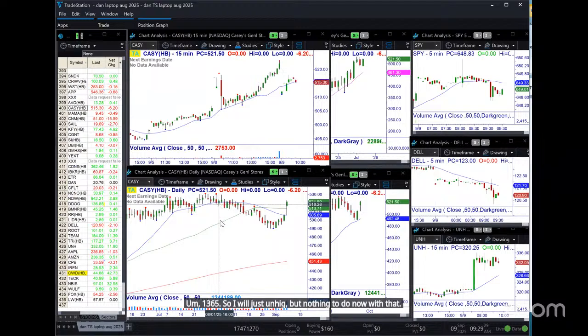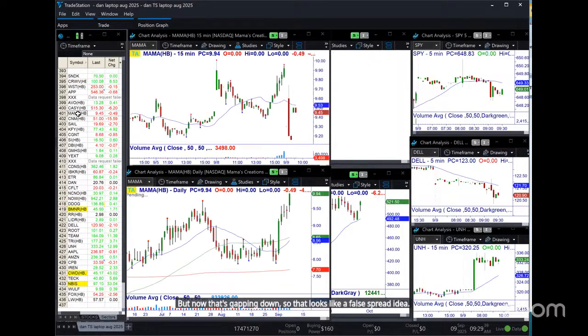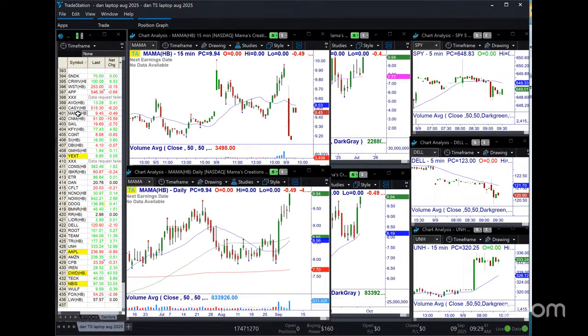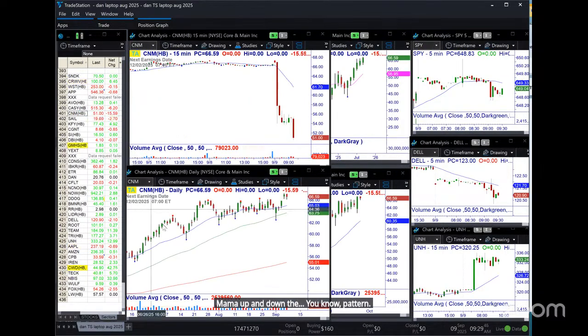Casey, I thought I saw it was up $30 last night. But now that's gapping down, so that looks like a call spread idea. MAMA gapping down, but no pattern. CNM getting whacked.